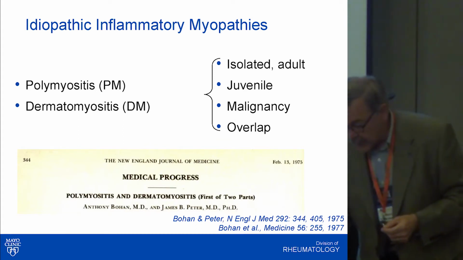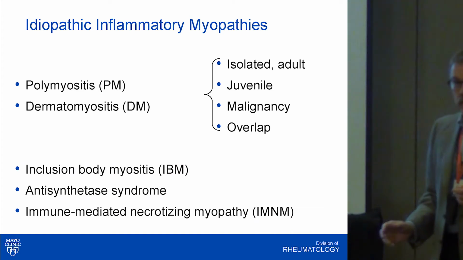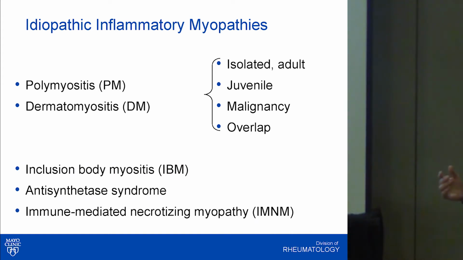Now, since then, things have evolved, and we've recognized inclusion body myositis. Inclusion body myositis has actually been described before their paper, but just barely before. And so now we add inclusion body myositis, anti-synthetase syndrome, which I'll talk about in more detail in a little bit, where there's inflammation in the lung as well as other places, but primarily the lung we worry about with that.